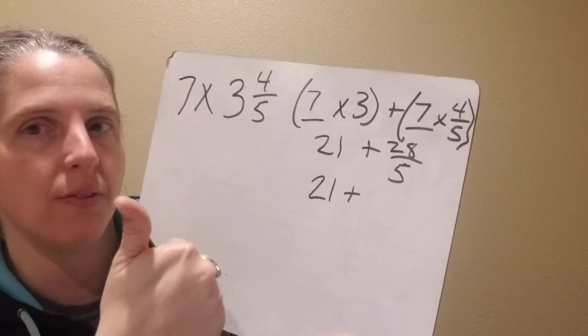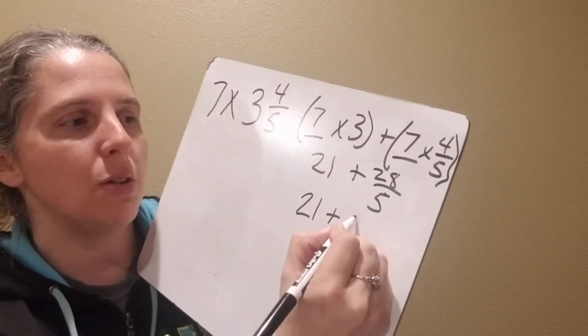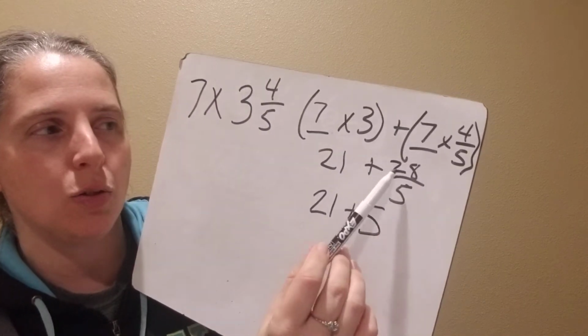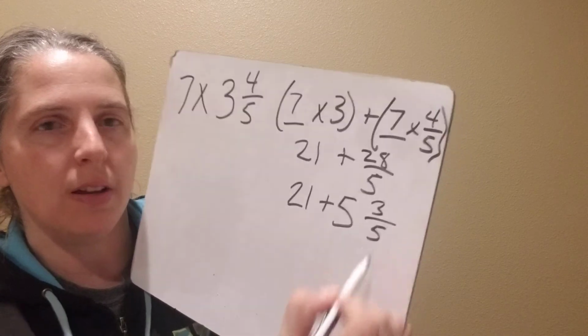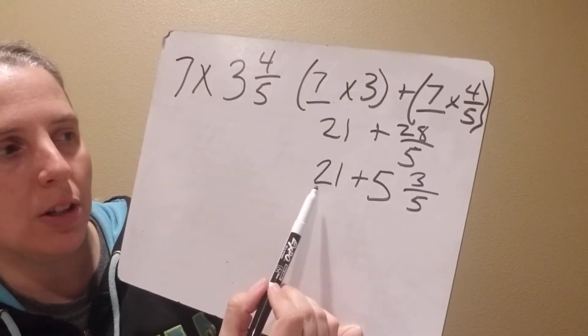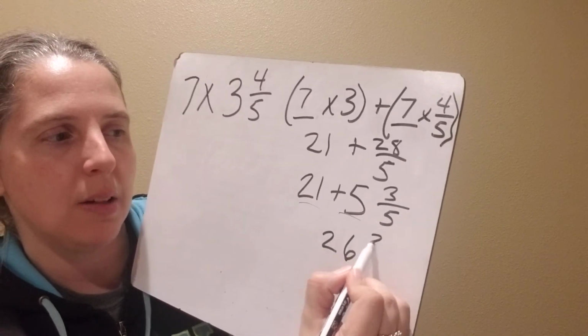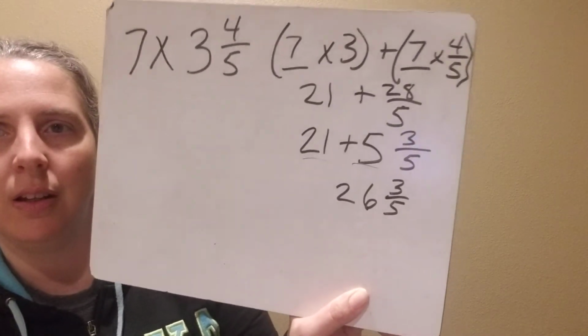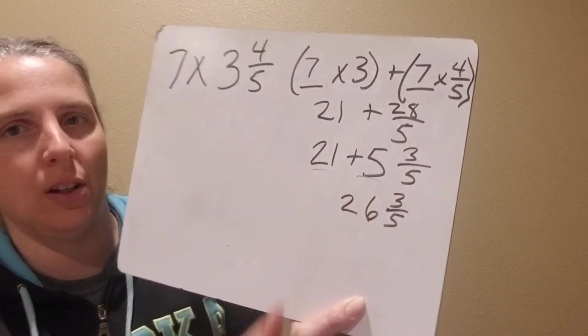If you're not sure, count it. 5, 10, 15, 20, 25. So it goes in 5 times. 28 minus 25 is 3/5. Now add it together. Just your whole numbers. 21 plus 5 is 26 and 3/5. Okay? See how I started bigger, went down smaller.